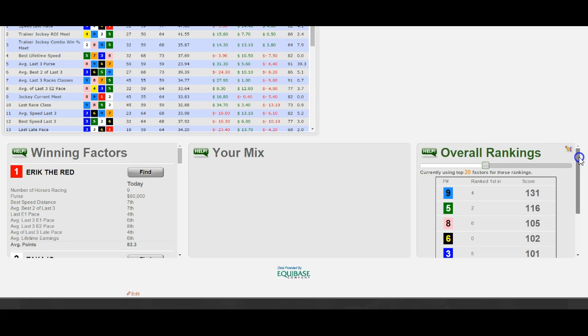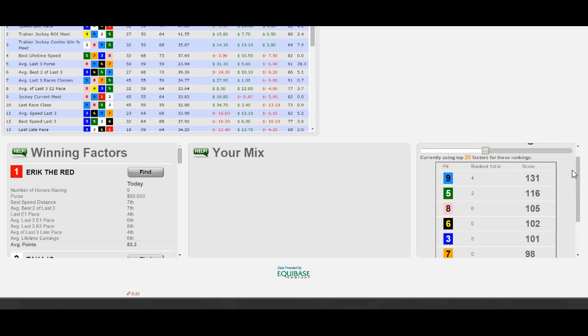So what you can assume maybe from that is that this horse is not ranked at the top in anything, but he's ranked highly in a lot of them. And this is the kind of horse that could be overlooked at the windows. He's not going to be a standout in any one particular factor, but he's ranked pretty high in a lot of them to get that kind of a score.